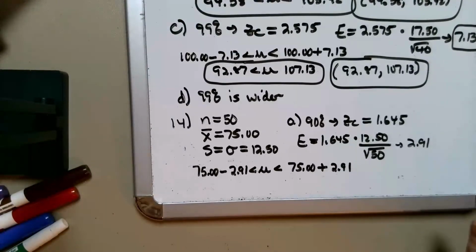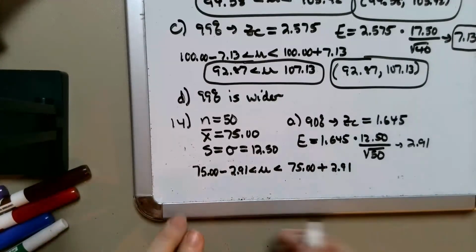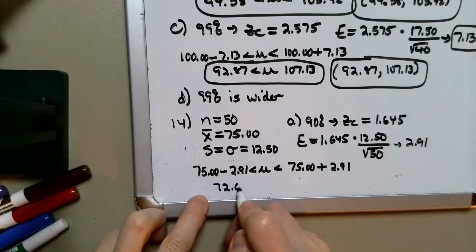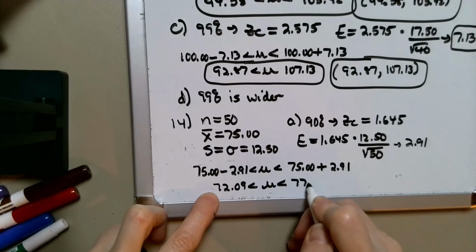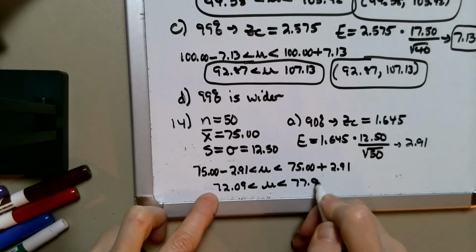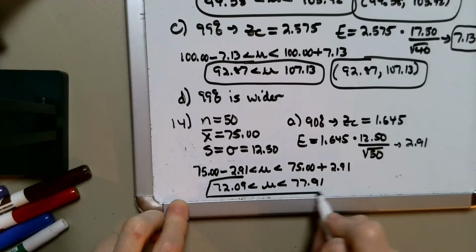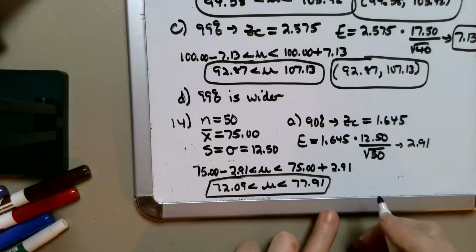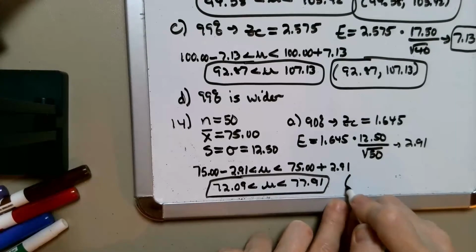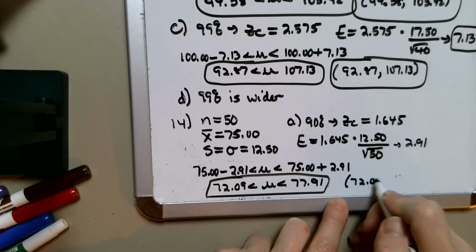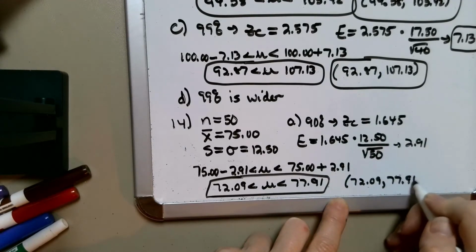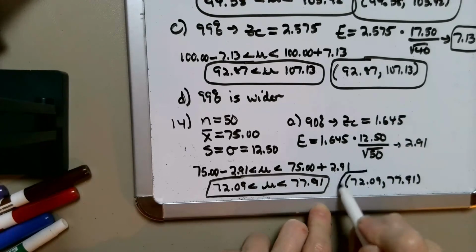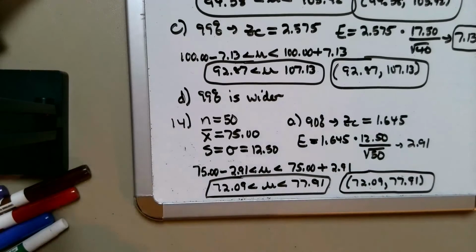Putting that into our calculator, we should end up with $72.09 less than mu, less than $77.91 for our confidence interval with a 90% level of confidence. So 10% chance of being incorrect. In interval notation, parentheses 72.09, comma 77.91 with the parentheses.